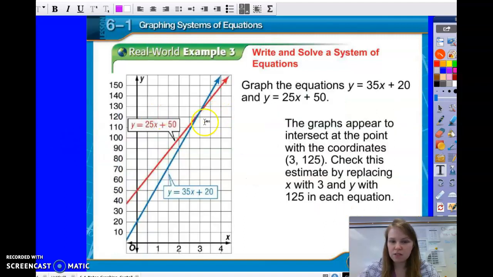When those are graphed, it looks like they cross at one point right here. So this would be considered consistent and independent. And it says here they appear to graph at this point right here. So what would this be? Week 3, they ride 125 miles total, or that they would have ridden 125 miles in week 3.